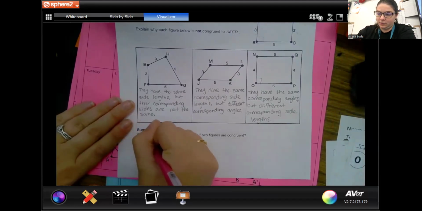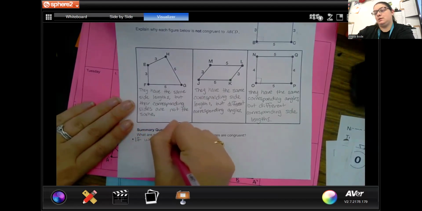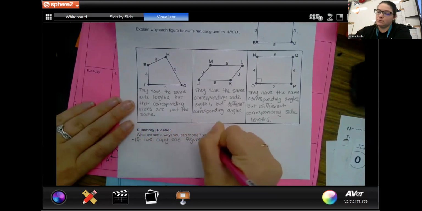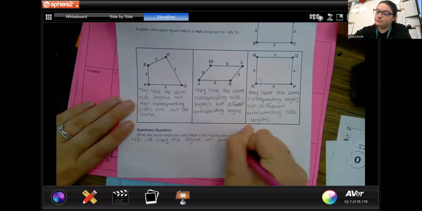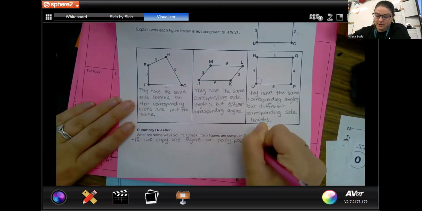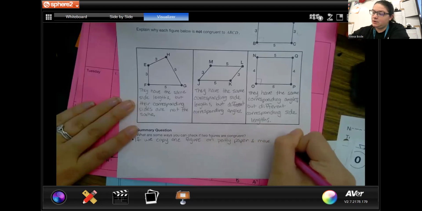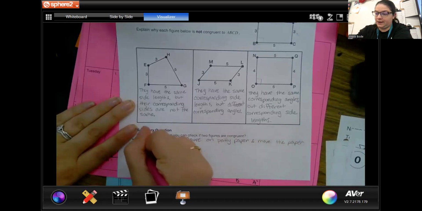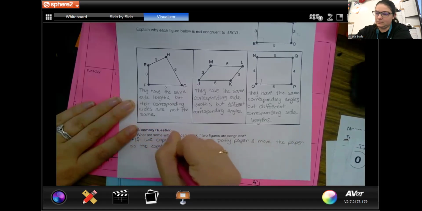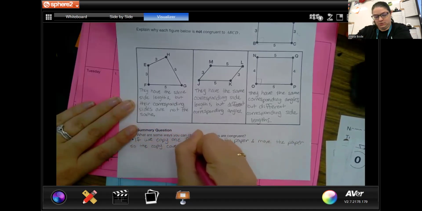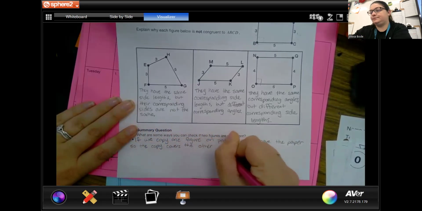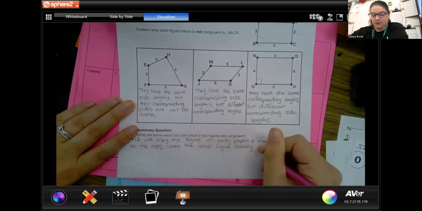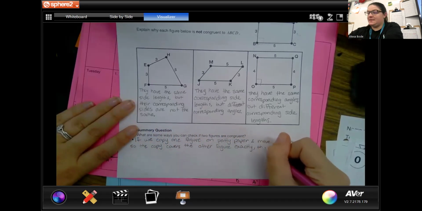One, if we copy one figure on patty paper and move the paper so the copy covers the other figure exactly, then they are congruent.